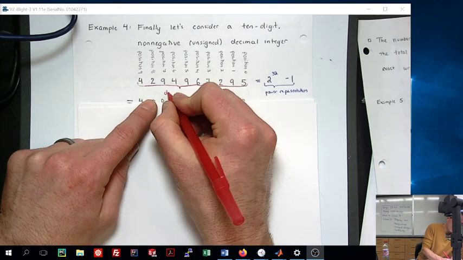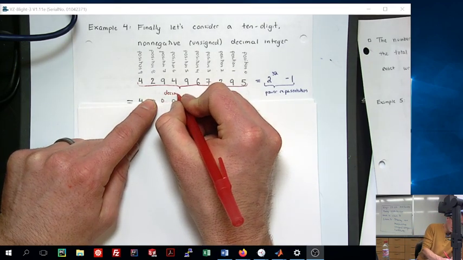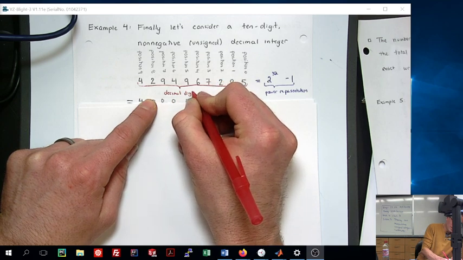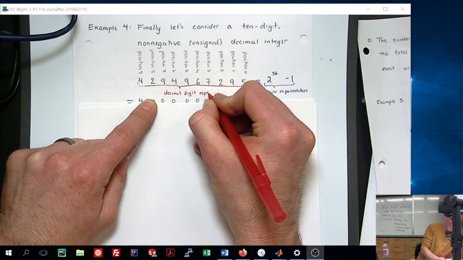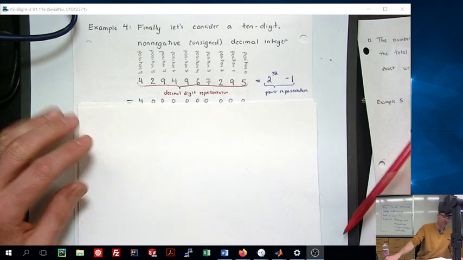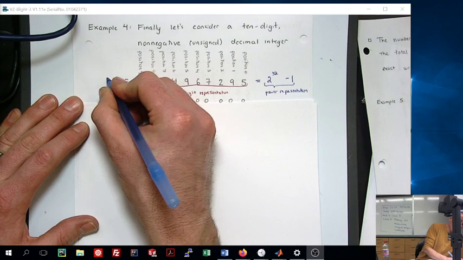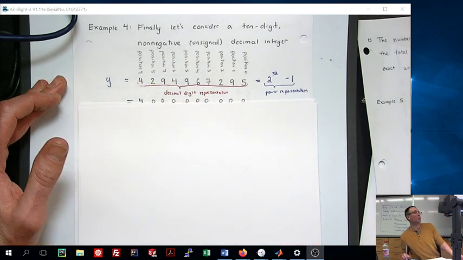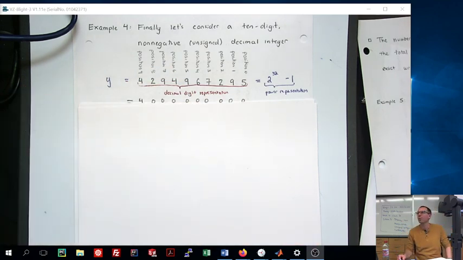Decimal digit representation. What's the entire number called? Yeah, non-negative integer. In computer science, we would call a non-negative integer a signed or unsigned?